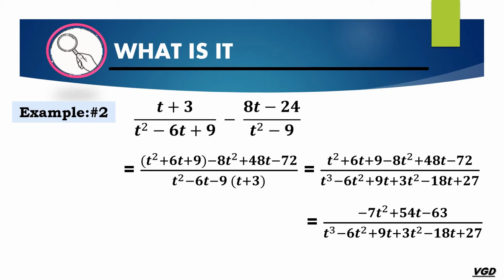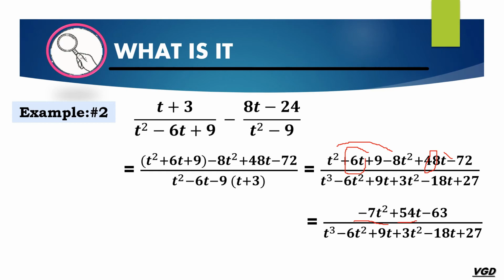So, as we evaluate, t squared minus 8t squared is equal to negative 7t squared. And we have here 6t plus 48t is 54t.